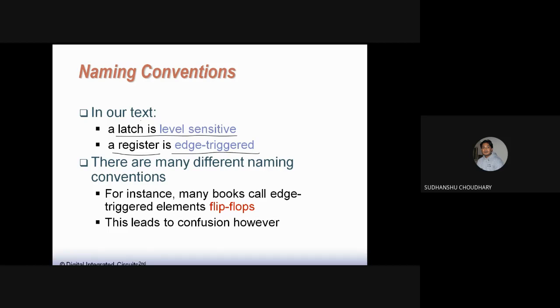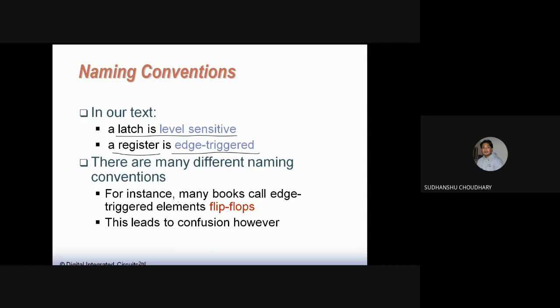So a latch is level sensitive, that is, depending upon the level, 0 or 1, low or high, we'll decide the transition at the output. And a register is edge triggered, that is, depending upon the positive or negative edge of the clock, we'll decide whether the input is copied to Q, the output, or not.